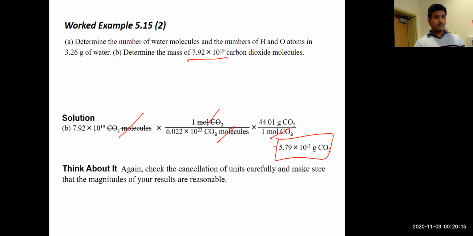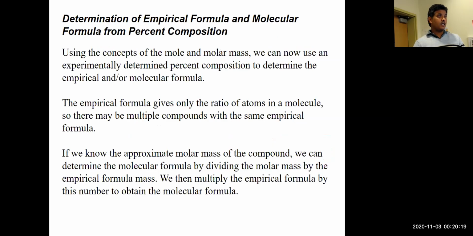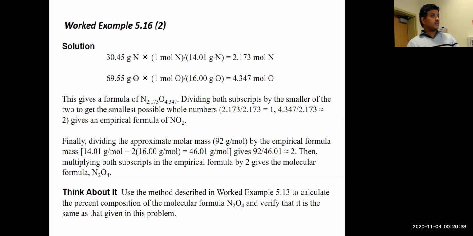There is just one topic that I'm not discussing, which is determination of empirical formula using the molecular formula and percent composition. I guess it is just more distraction than adding value at this stage. So we don't really discuss these topics, so don't worry about it if you see it. So skipping it.